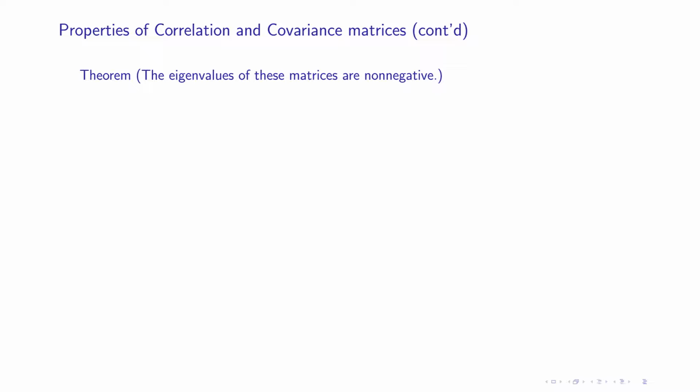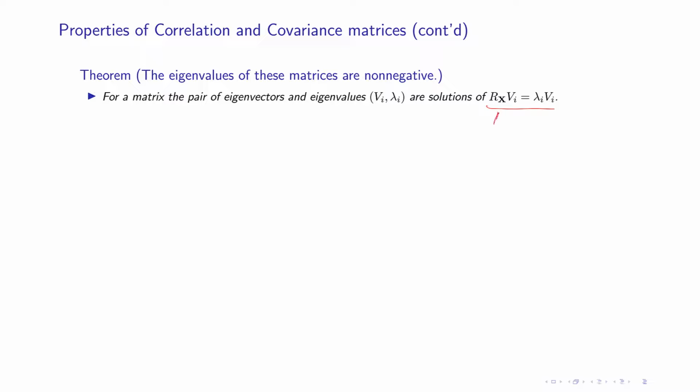Now, let's move on and see other properties of the covariance matrix. The eigenvalues of these matrices are always non-negative. So if you have any Rxx or any Cxx, all the eigenvalues are, first of all, real and non-negative. This is the first theorem. For a matrix, the pair of eigenvectors and eigenvalues is a solution of this equation; this is the definition. For any matrix Rx, if you solve this equation, you will find solutions for the pairs lambda i and Vi.